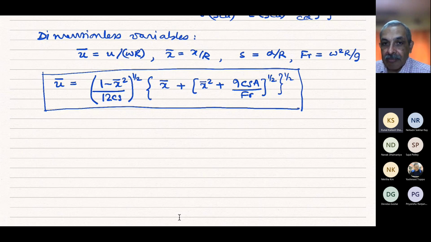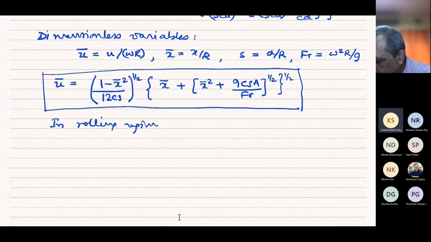But in the rolling regime, your Froude number is typically around 10 raised to the power minus 3. And since everything else is of order 1, because this term is so small, and x bar and x bar squared are of the order of 1, this term is huge compared to both of these terms.